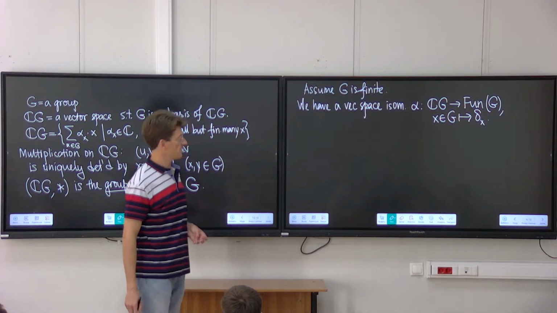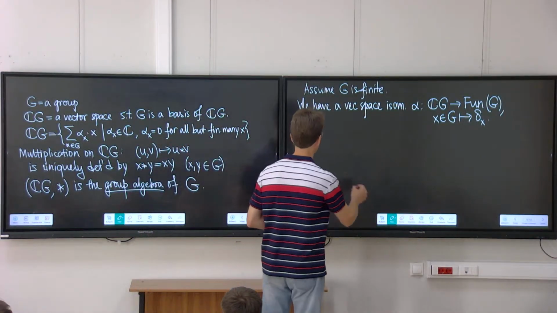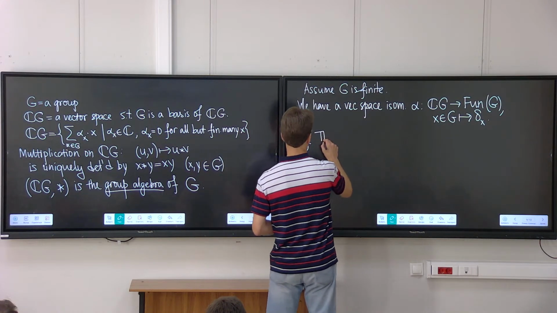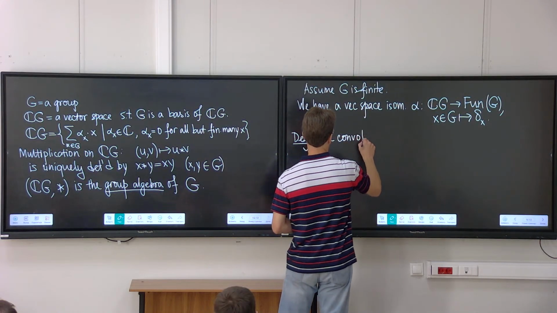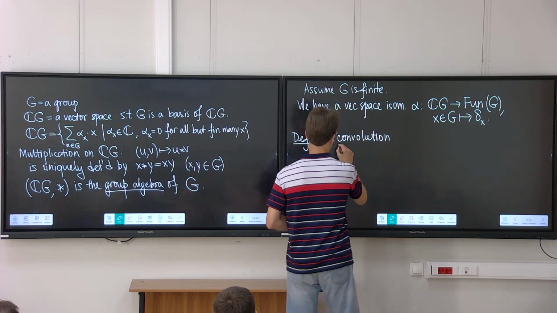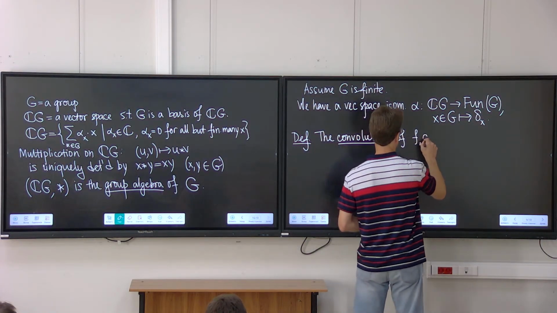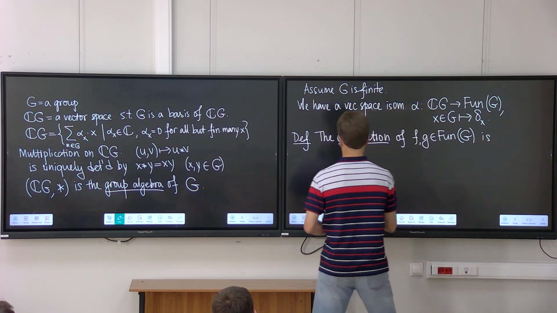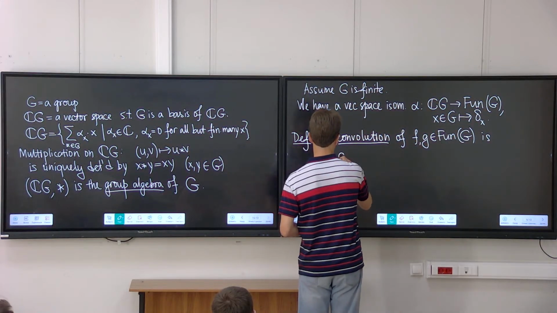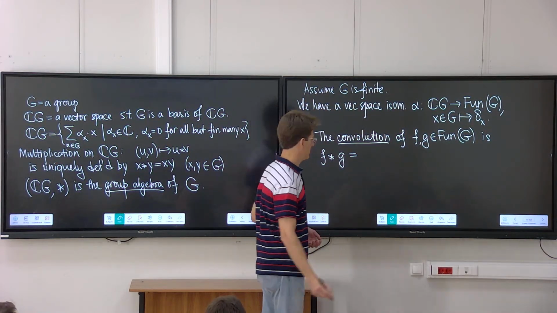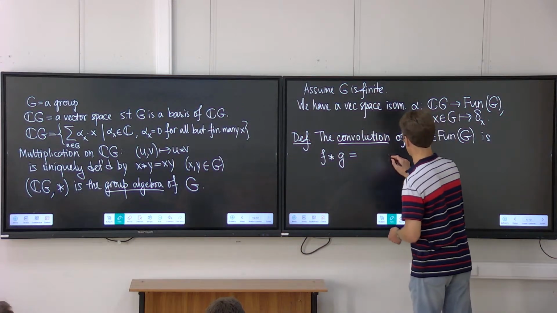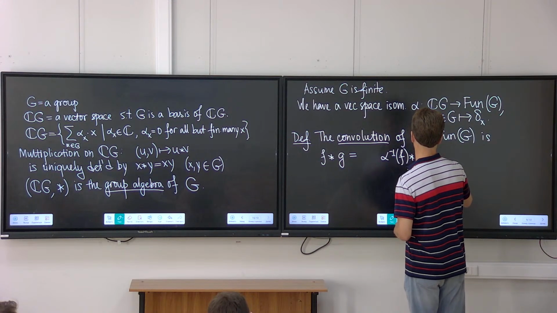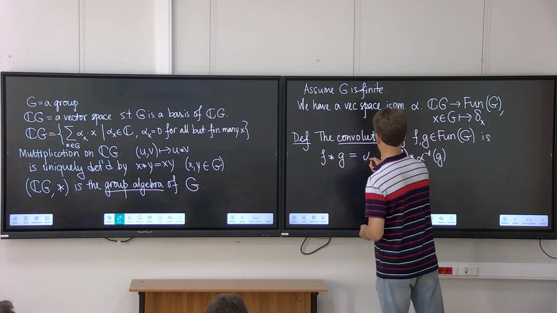We can now equip the space of all functions on G with a multiplication, which is called convolution. By definition, the convolution of two functions f and g is given by the following simple formula. We consider the images of f and g in the group algebra, alpha inverse of f and alpha inverse of g. We multiply them in the group algebra, and then apply alpha.